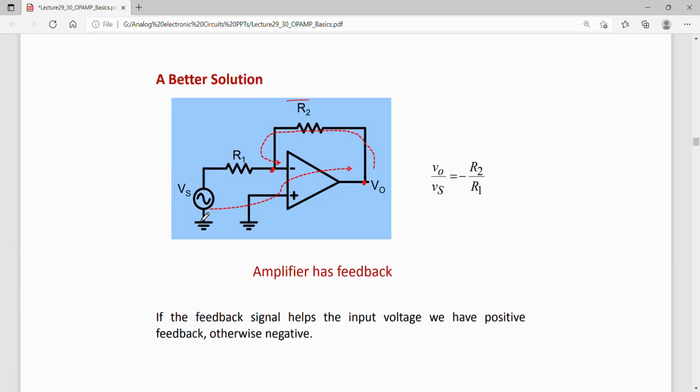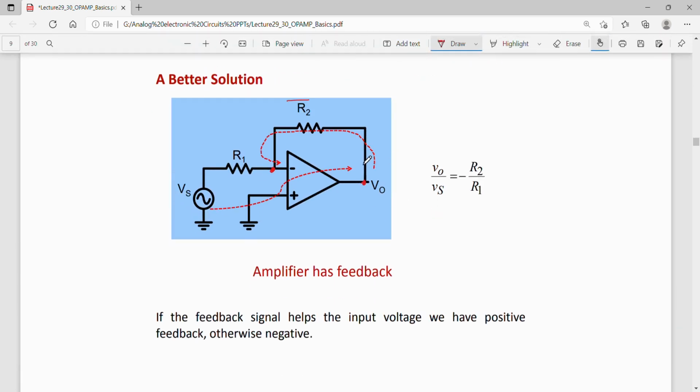A better solution would be to use the op-amp in closed loop configuration. That is, some part of the output is now fed back to the input via this resistor.